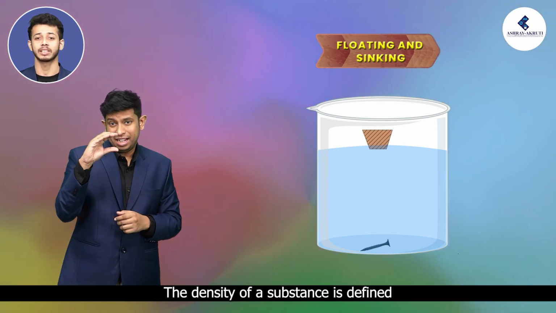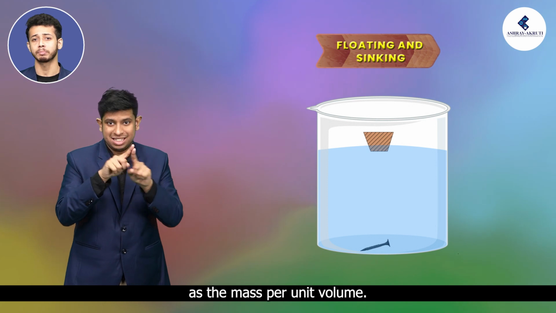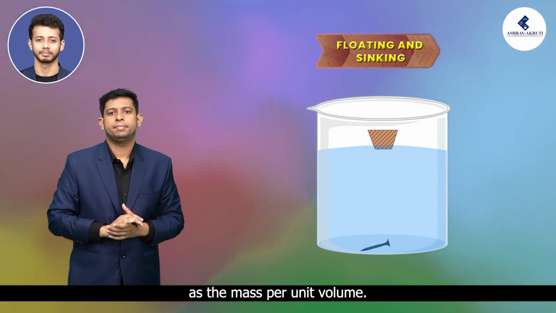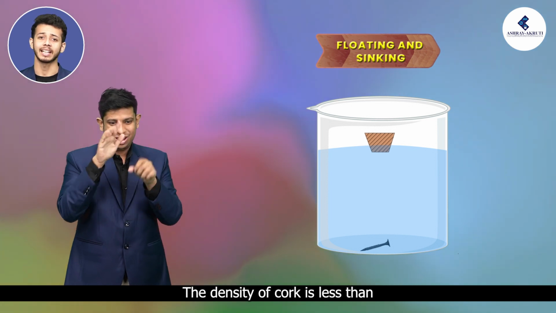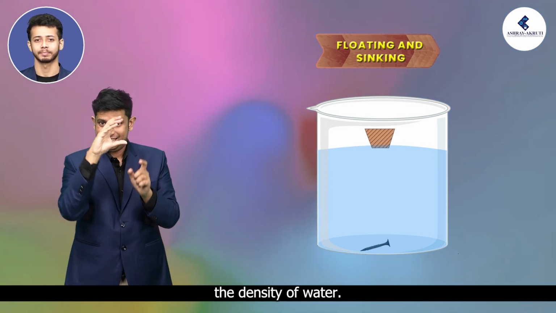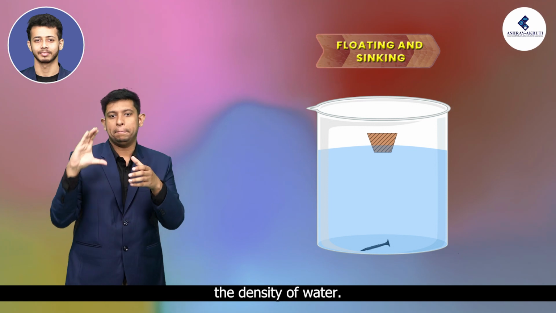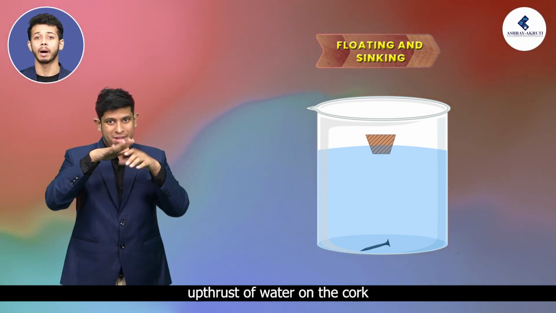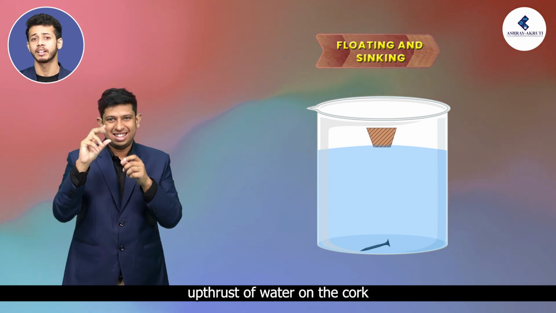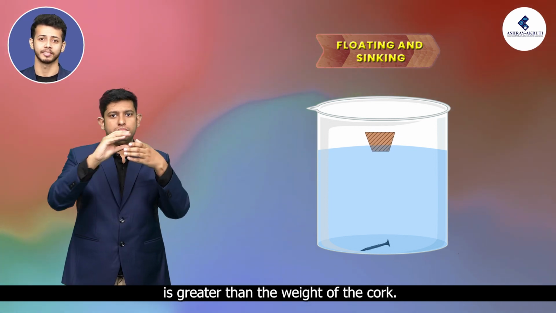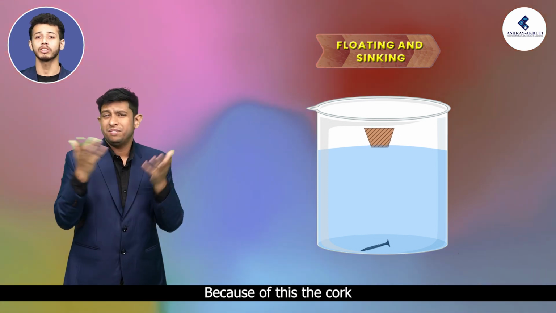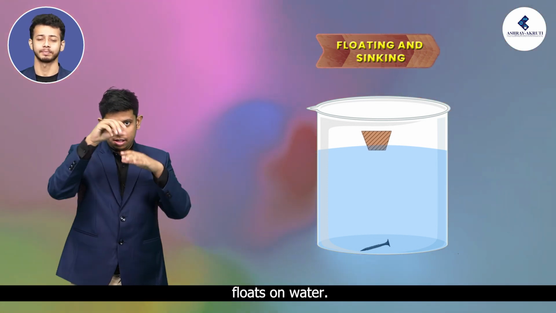The density of a substance is defined as the mass per unit volume. The density of cork is less than the density of water. This means that the upthrust of water on the cork is greater than the weight of the cork. Because of this, cork floats on water.